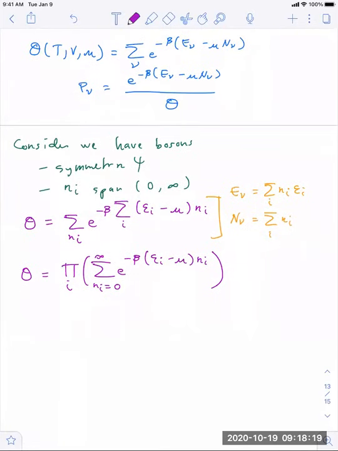And I can rewrite this slightly to say that, again, theta equals the product over our microstates i, summing from the occupation of i going from 0 to infinity, and then just popping this n out.